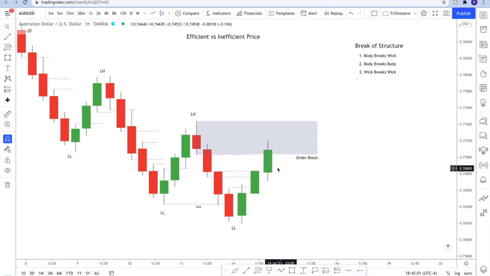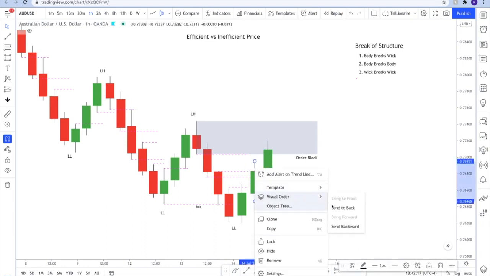All right, we'd be expecting price to tap our order block, like so. There we go. Let's send that to the back once again.